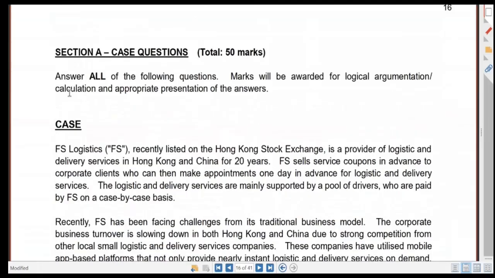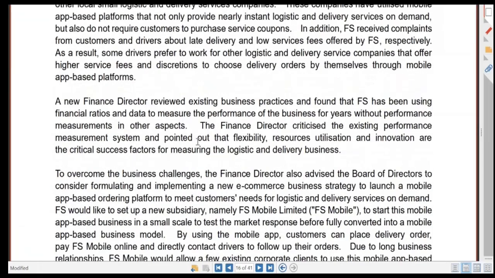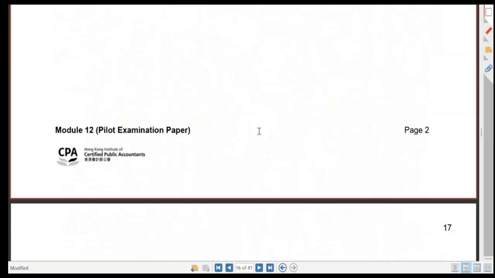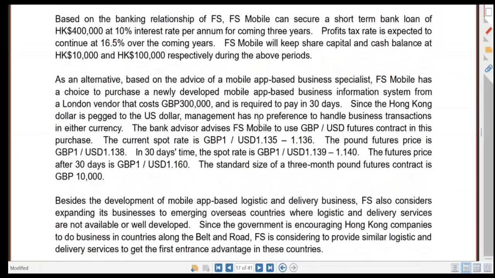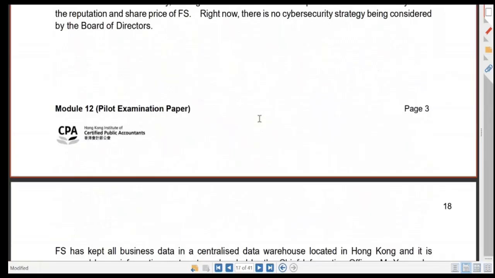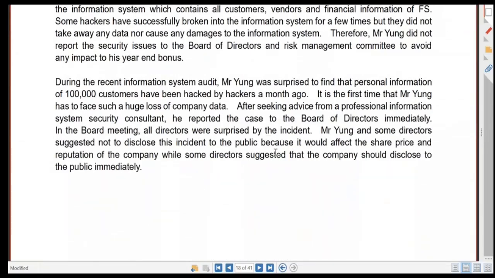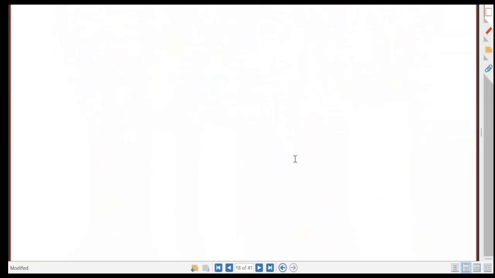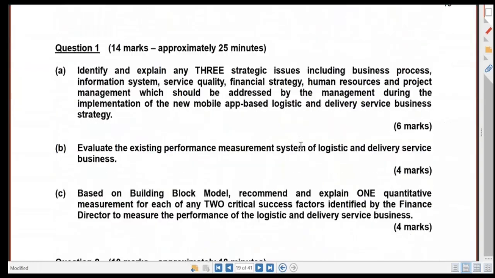So section A, 50 marks based on this case. There is some information given to you, normally around 2 pages, sometimes 1.5 pages, and this one is 2.5, slightly long.